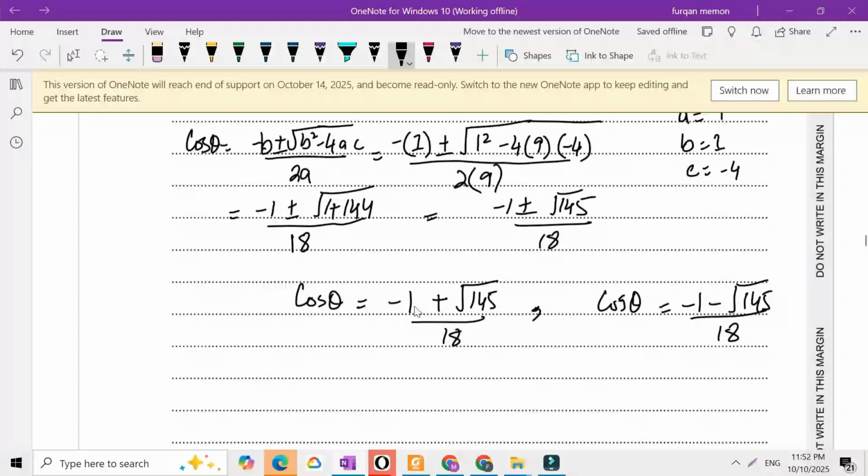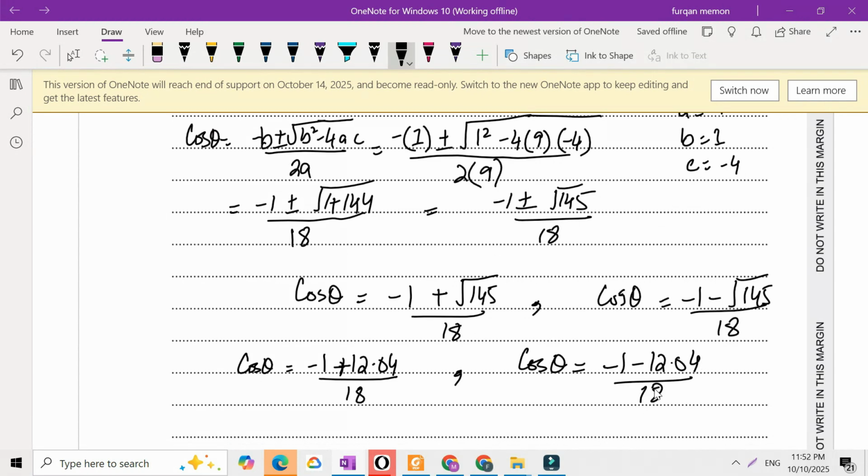Okay, the square root of 145 is 12.04, so we can write cos theta equals negative 1 plus 12.04 over 18. On the other side, cos theta equals negative 1 minus 12.04 over 18.